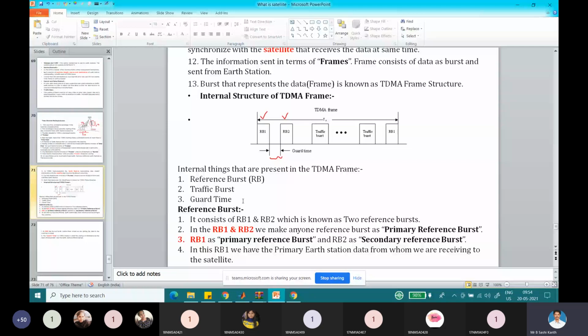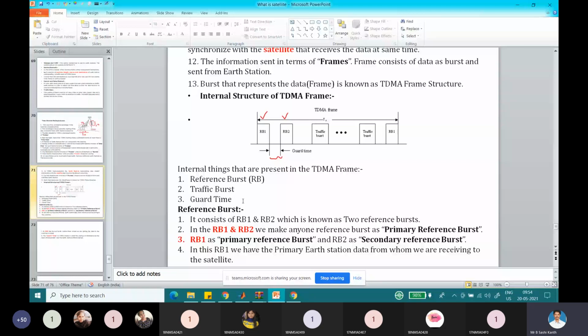When we consider RB1 as the primary reference burst, it will contain the details of the earth station from whom you are receiving the data to the satellite.